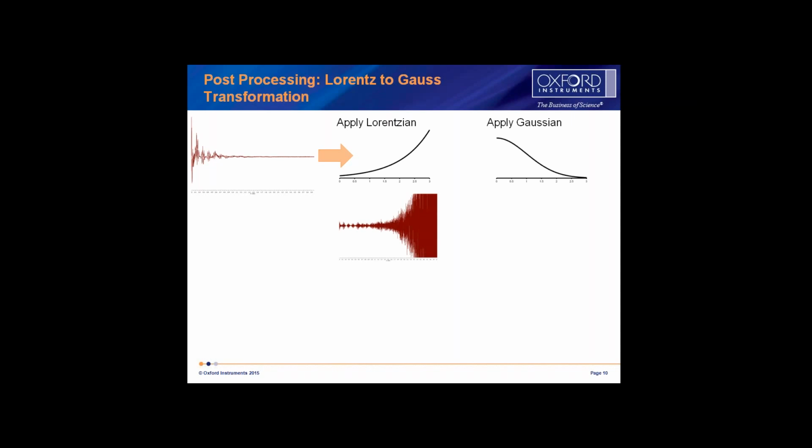We can also apply a Gaussian decay, and we can see that that smooths and slightly changes the shape of the signal. Combining these two together, the combined filter gives us processing that changes the shape and gives slight enhancement to the time signal.